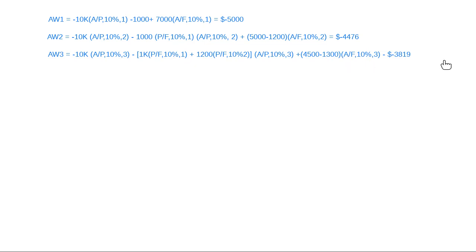Again, why is it A given F? Because they are placed at the end of the cash flow, and instead of converting them to present and then to annual, we can convert them to an annual using A given F, since they are already on the last year in the cash flow.